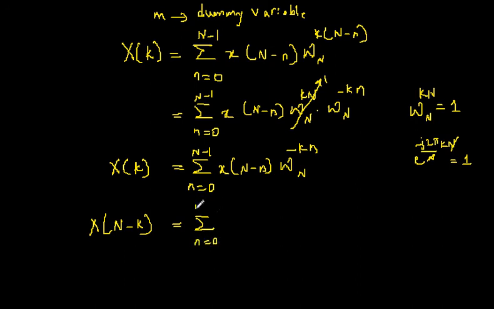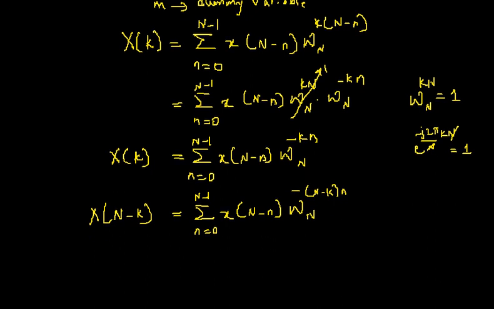So this summation remains as it is, n equal to 0 to N minus 1. Here I have x of n minus n as it is. Here I have W_N to the power minus, in place of k, N minus k, into small n as it is. Is that fine?